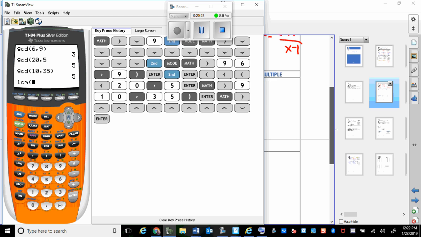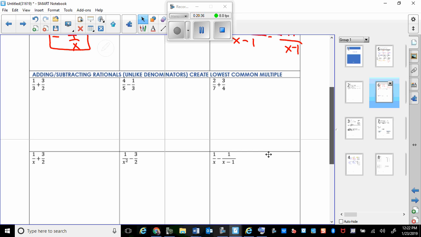And we're going to say 2, comma, 3, close parentheses, enter. Lowest common multiple here is 6. So you can also get it by multiplying these two. So we're going to do a little bit of the opposite here. So we're finding the lowest common multiple. So multiply denominators.